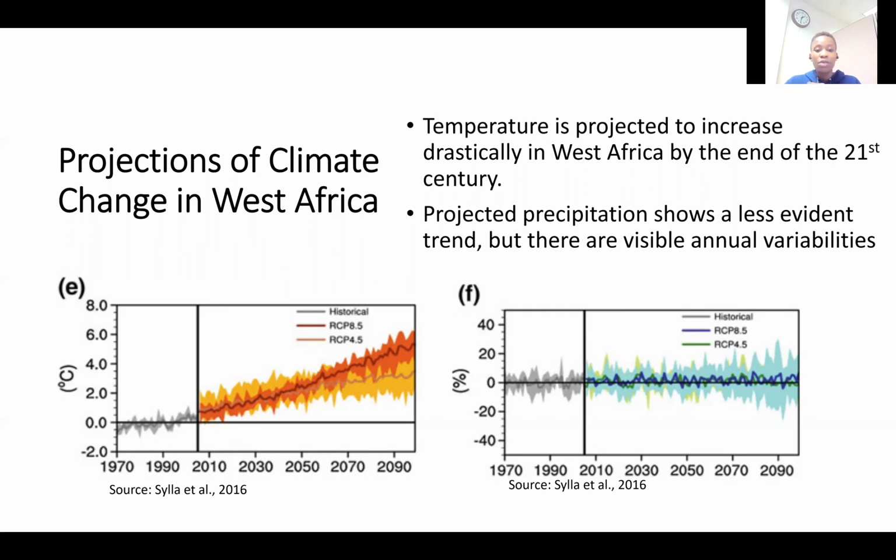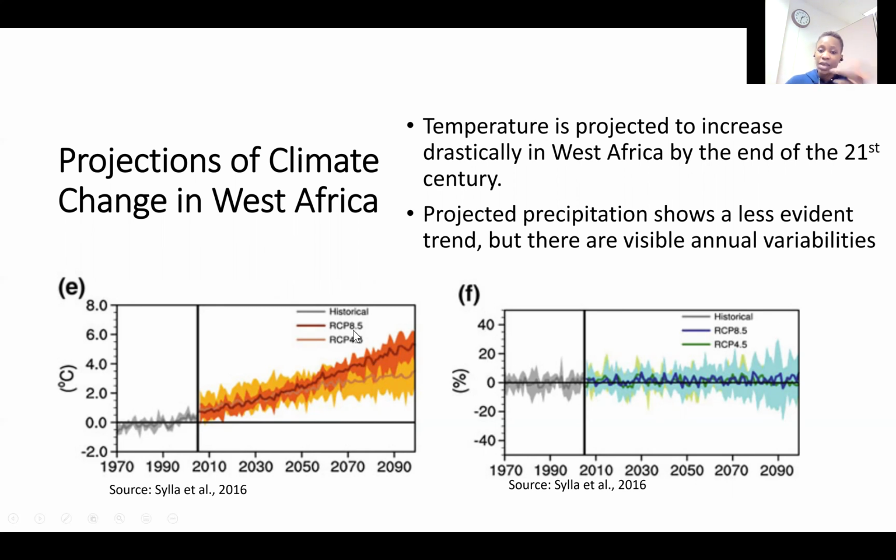The RCP is the representative concentration pathway, which is a greenhouse gas concentration trajectory adopted by the IPCC, the Intergovernmental Panel on Climate Change. So what it basically does is to show the amount of climate change we're estimated to have, or the amount of increase in certain climate elements that we're supposed to have based on a particular amount of greenhouse emission.